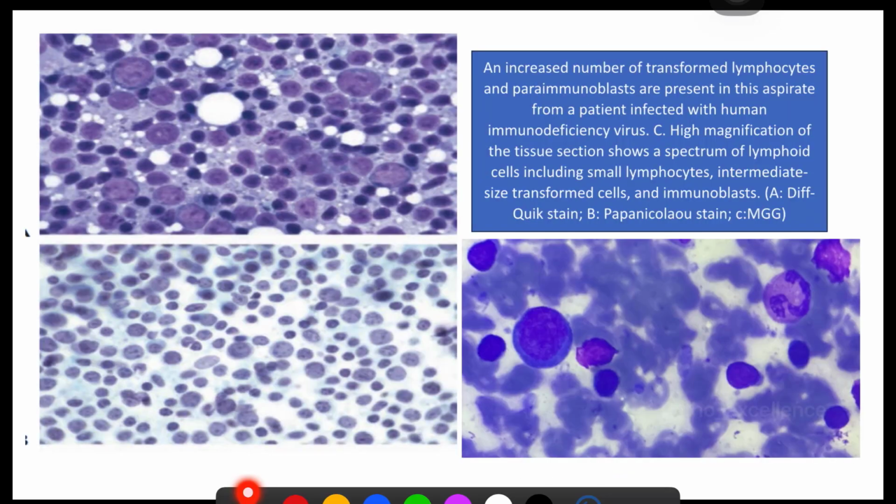Here we can see in this smear there is an increased number of transformed lymphocytes, and these are the immunoblasts increased in number. So this is an immunoblast, the largest size in this smear, having a dark blue rim of cytoplasm and prominent nucleoli.